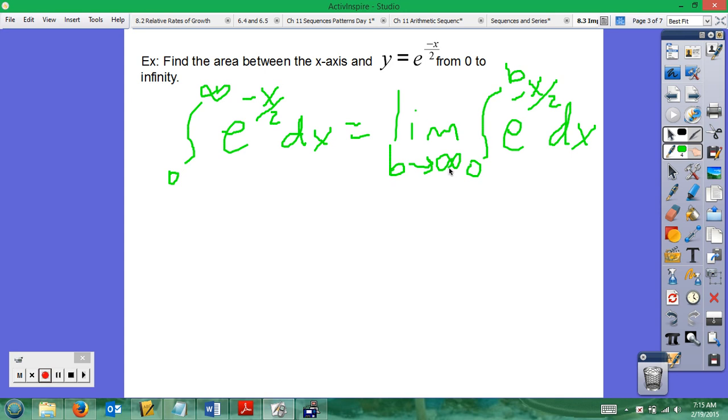So we look at our antiderivative. The antiderivative of e to the negative x over 2 would be itself, but we have to undo the chain rule. We'll work through without a u substitution. If I took the derivative of e to the negative x over 2, I would be multiplying by a negative 1/2. But there is no negative 1/2 in this, so there must have been a negative 2 out in front, the reciprocal.